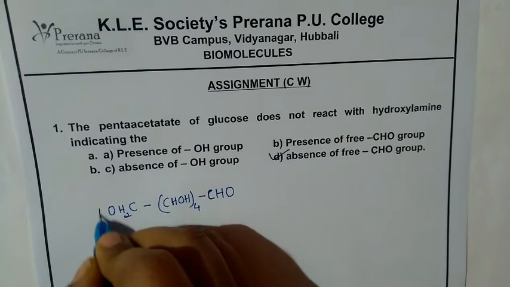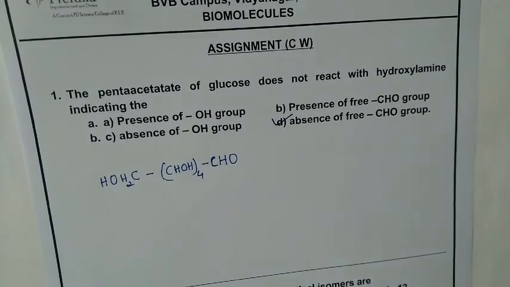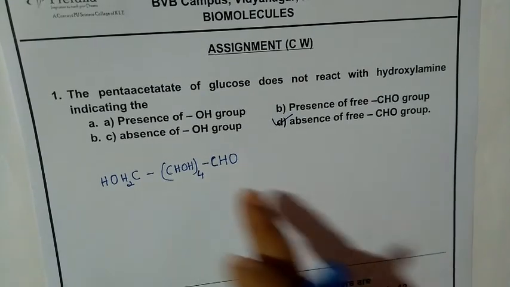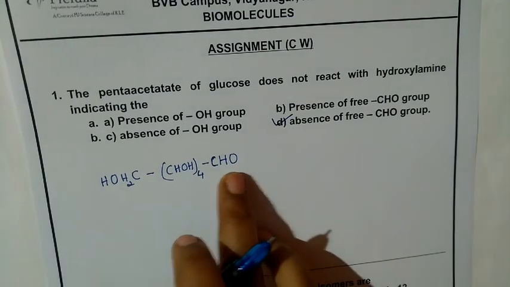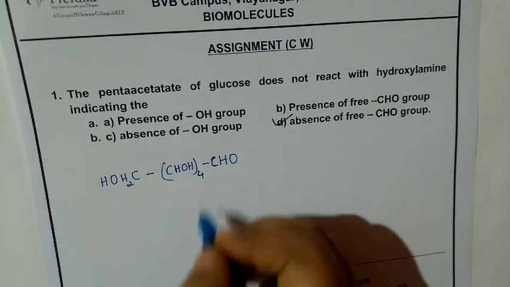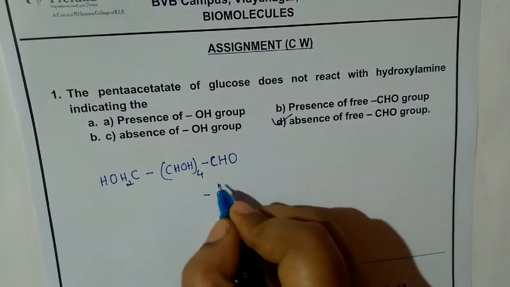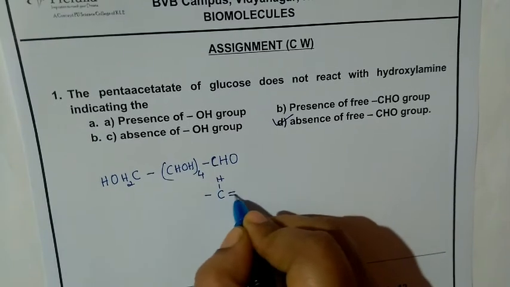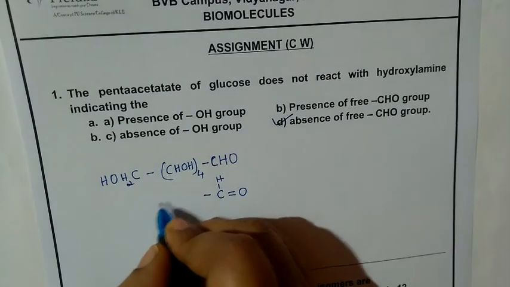This is our glucose, written in straight chain form. The CHO group can also be written as CH double bond O.